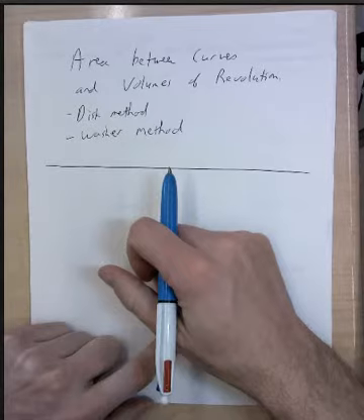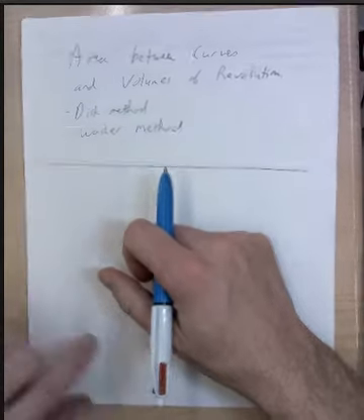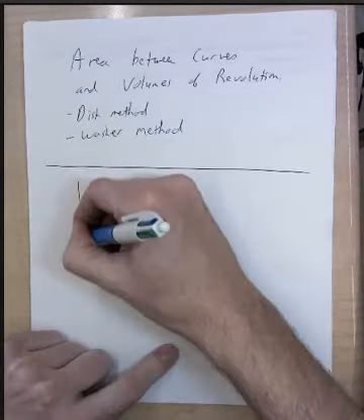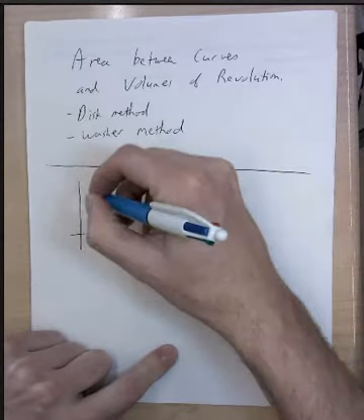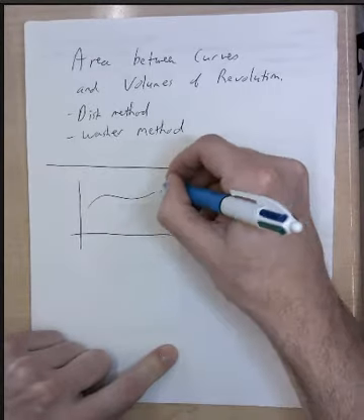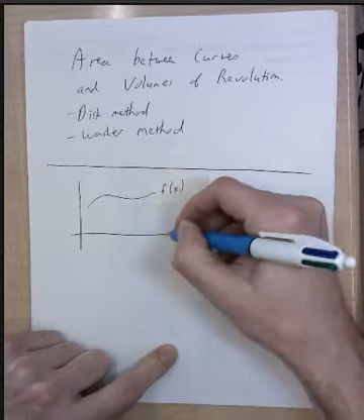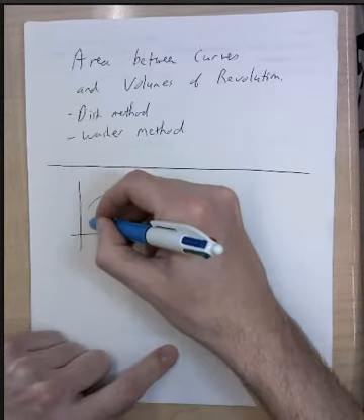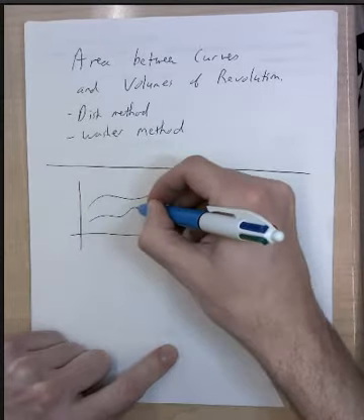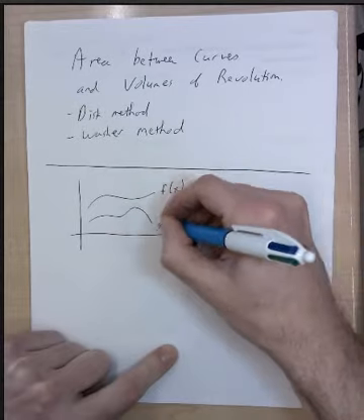Okay, so when we're finding the area between two curves, I'm going to draw some generic curve here, f of x, and we have a curve g of x, which I'll just do something a little different.